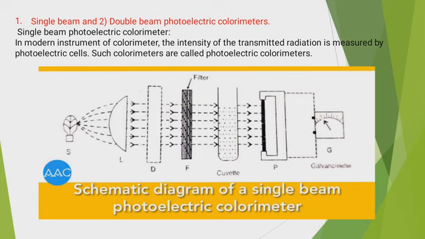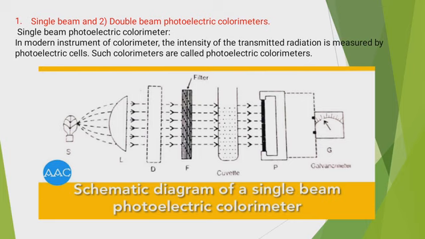Now the working. Radiation falls on the lenses, where it gets concentrated, and then it falls on the diaphragm. After that it goes to the filter, which is used for making the light monochromatic, that is, having a single wavelength.